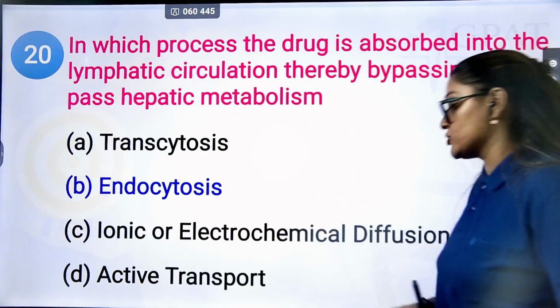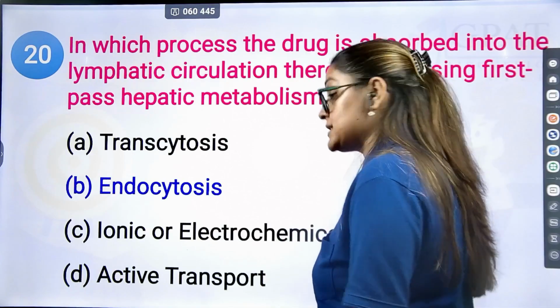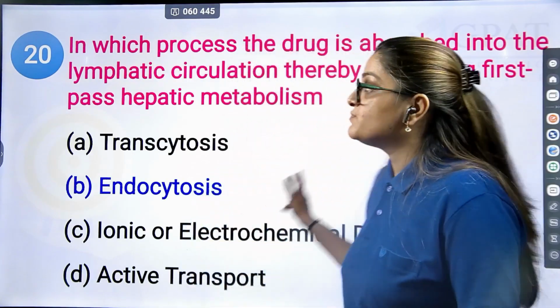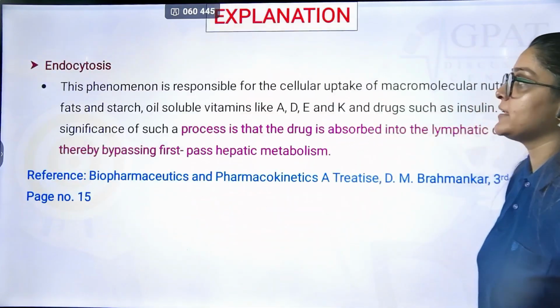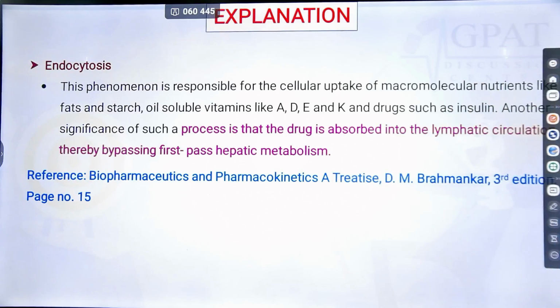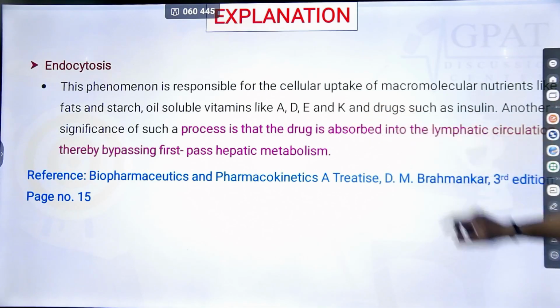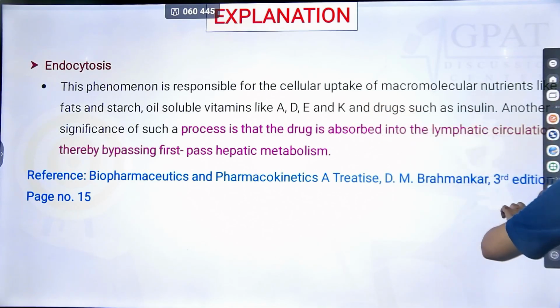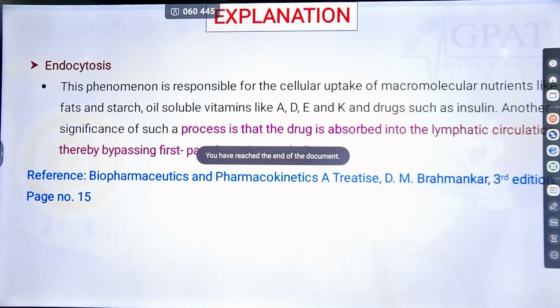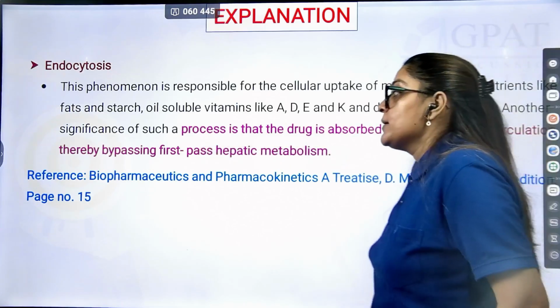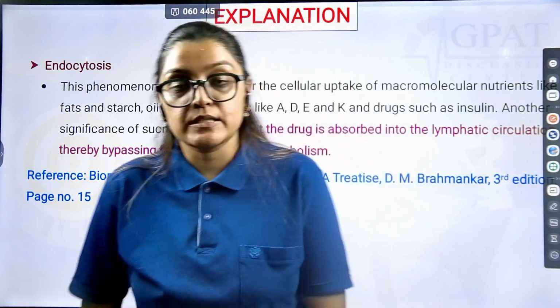Now that is going to be our endocytosis process, right? So let's quickly see the explanation. Endocytosis is responsible for the uptake of the oil soluble vitamins A, D, E and K, right? And such a process absorbs the drug into the lymphatic circulation, bypassing the first pass metabolism.